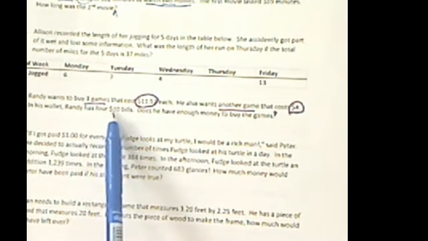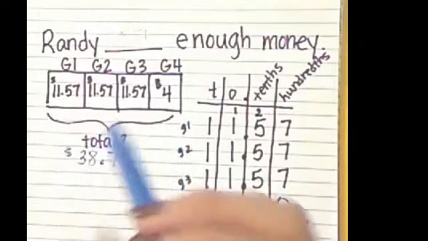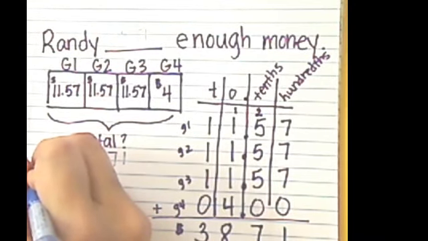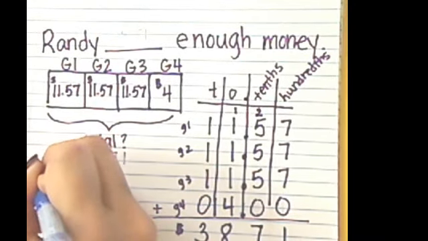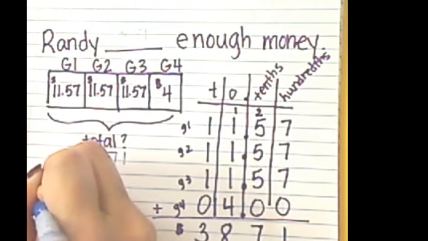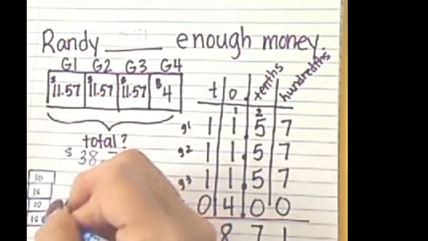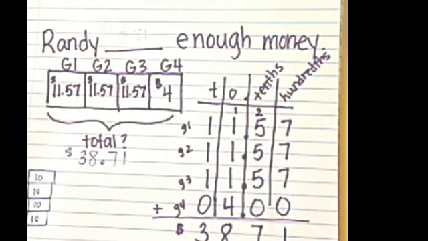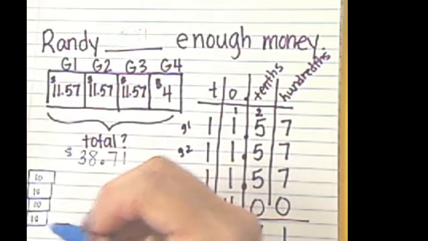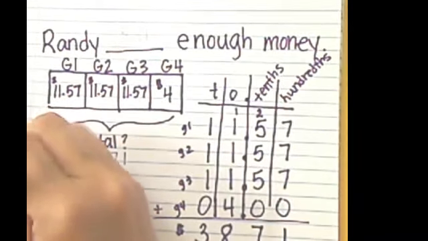In his wallet, Randy has four $10 bills. Well, how much money is that? How much money is four $10 bills? Well, if we draw them, we see the four $10 bills. How much money is that? 10, 20, 30, 40. He's got $40.